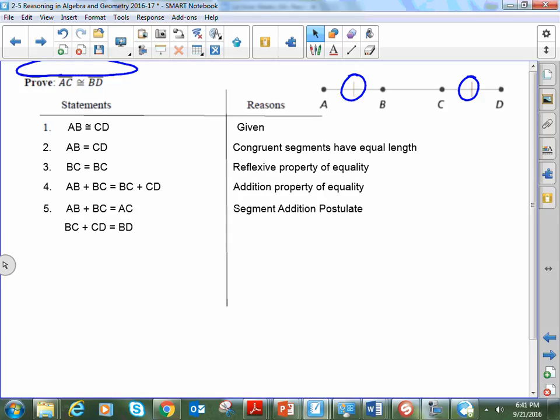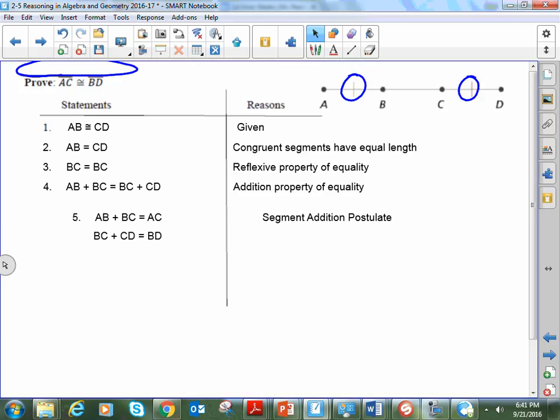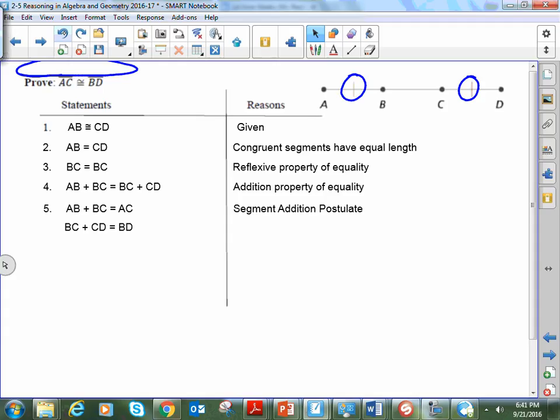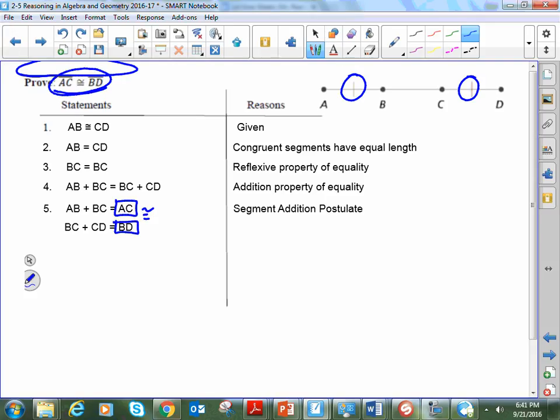Well, moving on, we can now say, very similar to what we did with the angles, that the two smaller parts, AB and BC, make the bigger segment that I'm trying to show. Let me go back to my pen. What we're trying to do is show that this and this are congruent, because that's the statement that we're trying to prove.